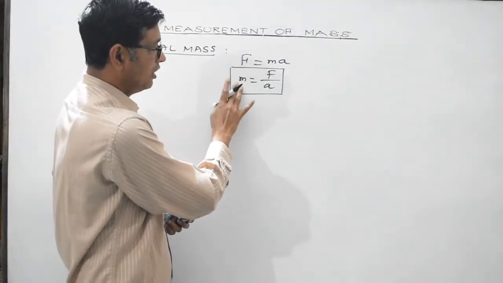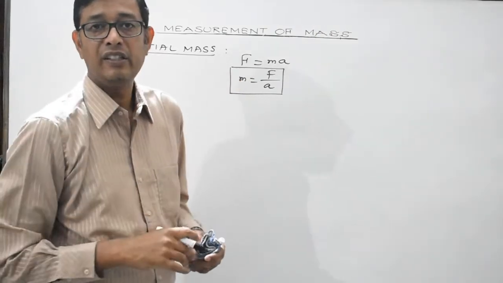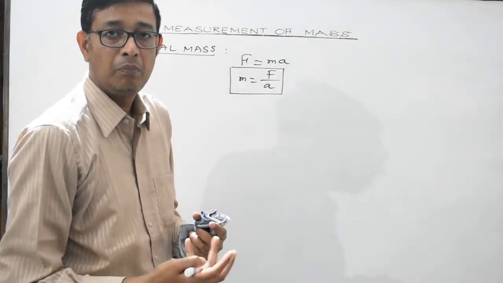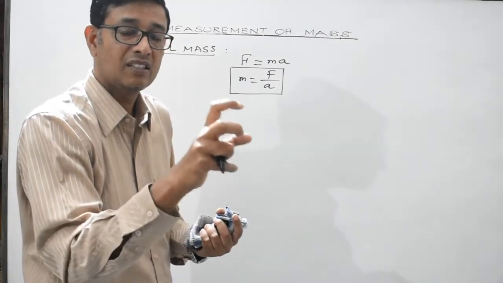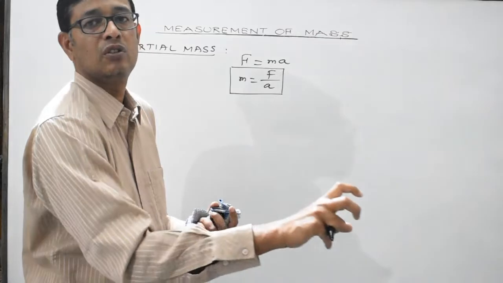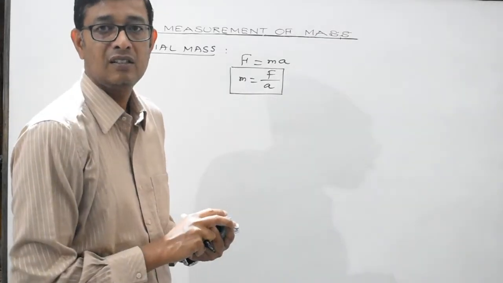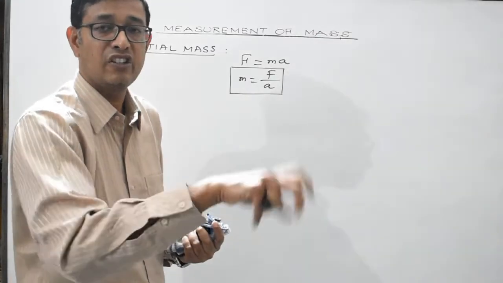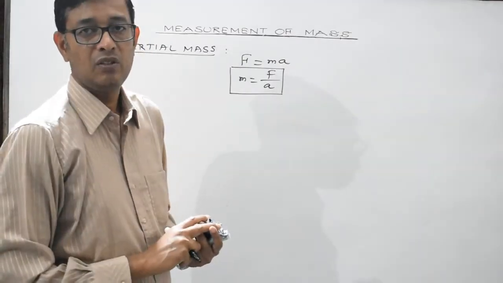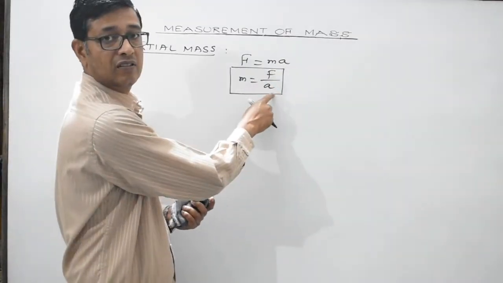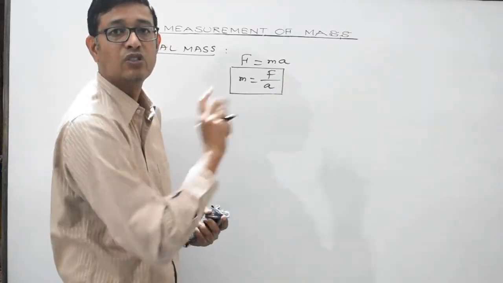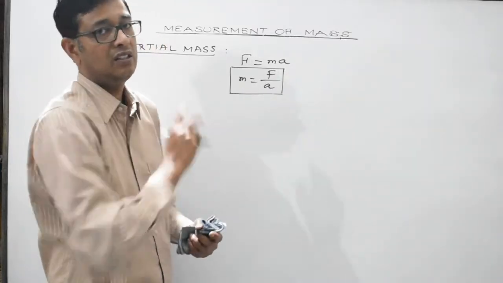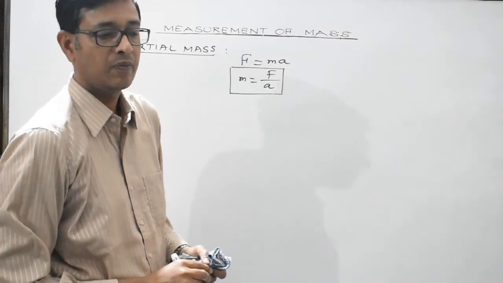So, inertial mass of a body is measured by applying some external force on the body and measuring the acceleration produced in the body. In that case, the ratio F by a, the force applied to the body divided by the acceleration produced in the body, will give the inertial mass of the body, right?